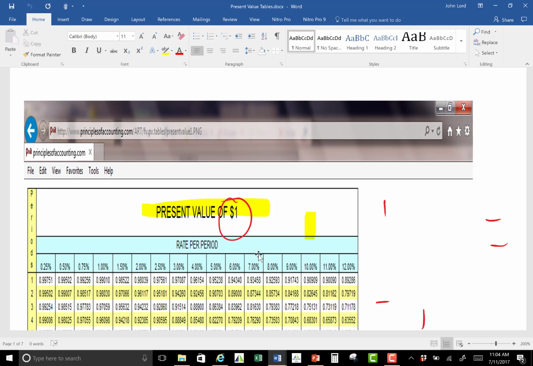So when I look at the difference between 6% and 7%, I get a difference with the 0.94340 versus the 0.93458. And that difference between those two points is 0.00882. Okay? Now, what's happening?